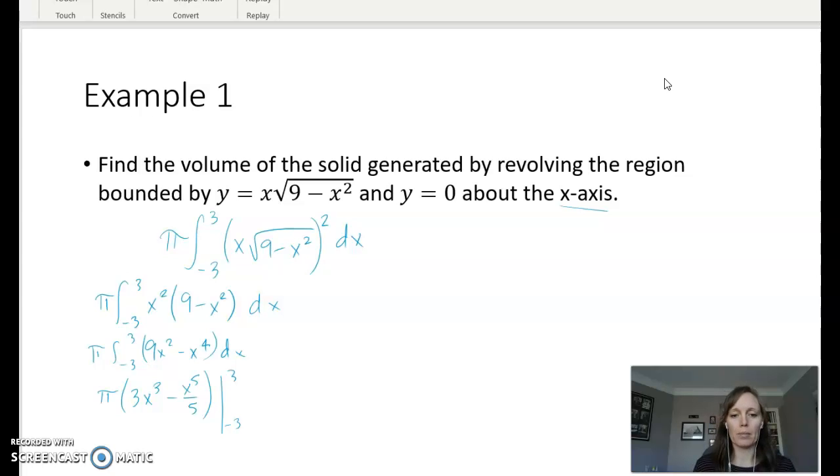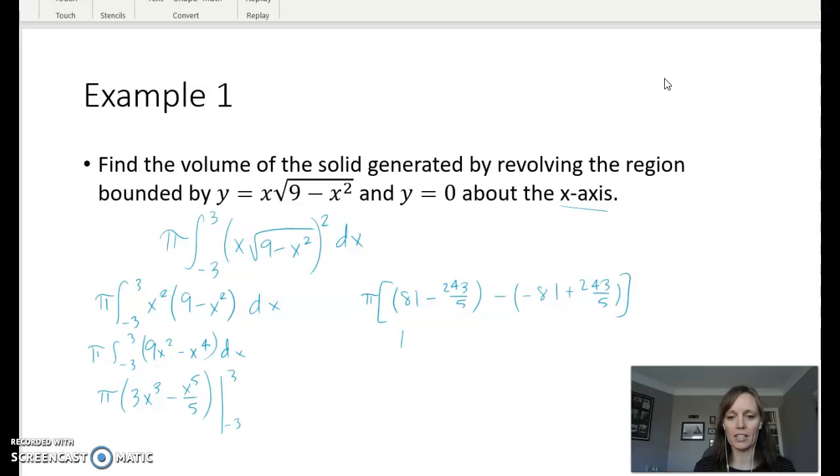Then I plug in +3, and when I plug in +3, I get 81 minus 243 over 5. And then I plug in -3 and I get -81 plus 243 over 5. And then I can add these things together.